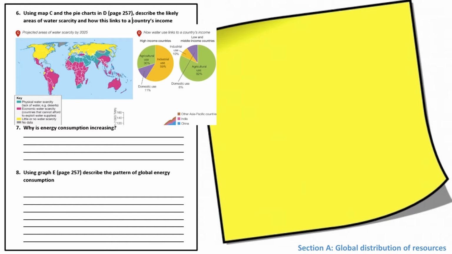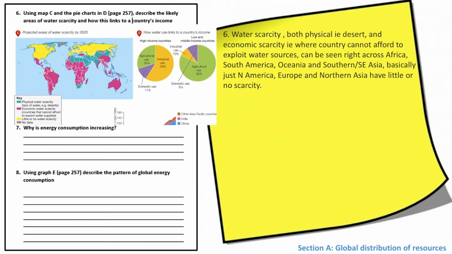Right, so let's have a little think about that first question. Using map C and the pie charts, describe the likely areas of water scarcity and how this links to a country's income. You should have something written along the lines of water scarcity, both physical, i.e. desert, and economic scarcity, i.e. where a country cannot afford to exploit water sources, can be seen right across Africa, South America, Oceania, and southern Southeast Asia.